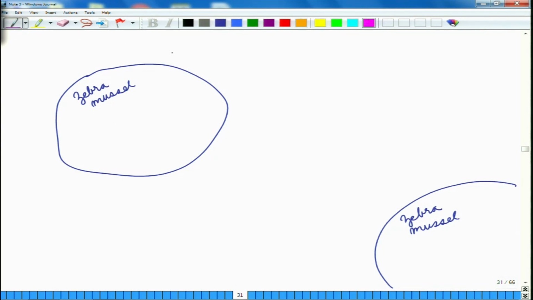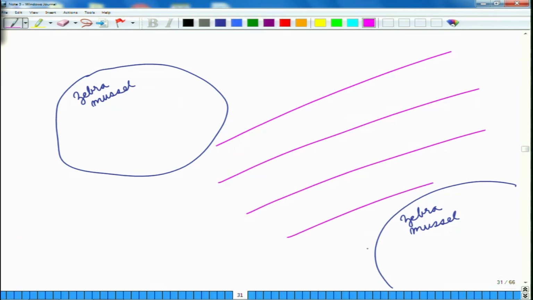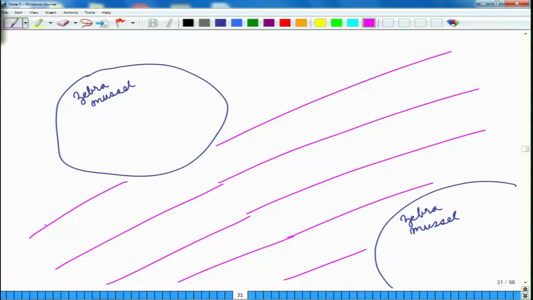But in all the surrounding areas, probably because these are open oceans, we do not have a good habitat for zebra mussel. So, this is a small sea, this is again a small sea, and this area out here is the open ocean. Now, in the smaller seas we have more nutrient concentration as compared to the ocean.